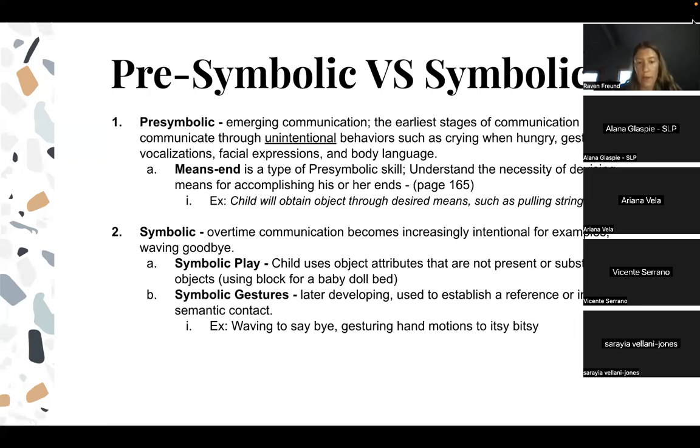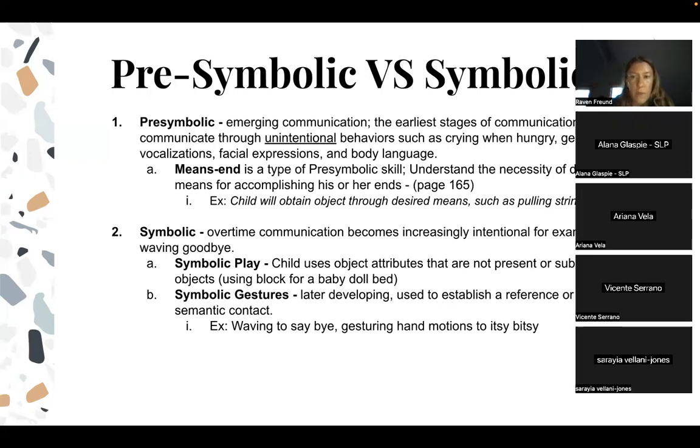So that's like when a child is waving to say bye, or gesturing using hand motions to different songs. So pre-symbolic, early stages, this is what they're doing when they're crying when they get hungry, when they're having different facial expressions. And then symbolic is happening later on.